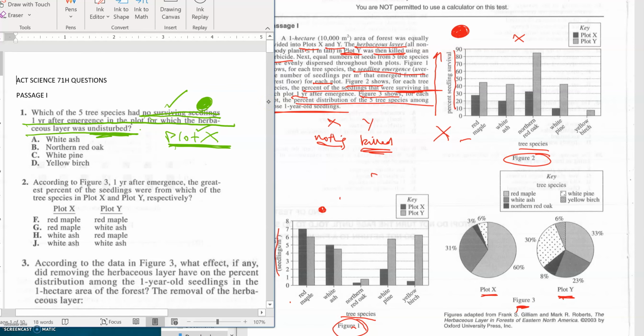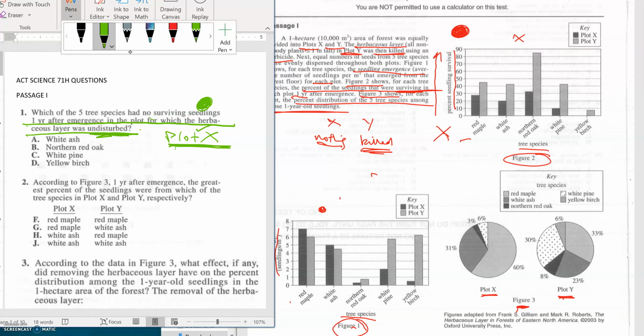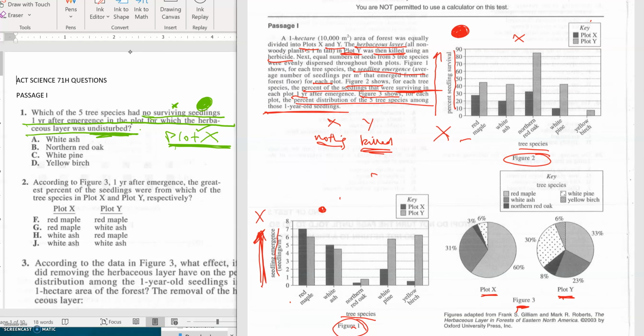And now we have to answer the question, what had no surviving seedlings in plot X? Alright, so we go to the key up here. Plot X is the darker one.